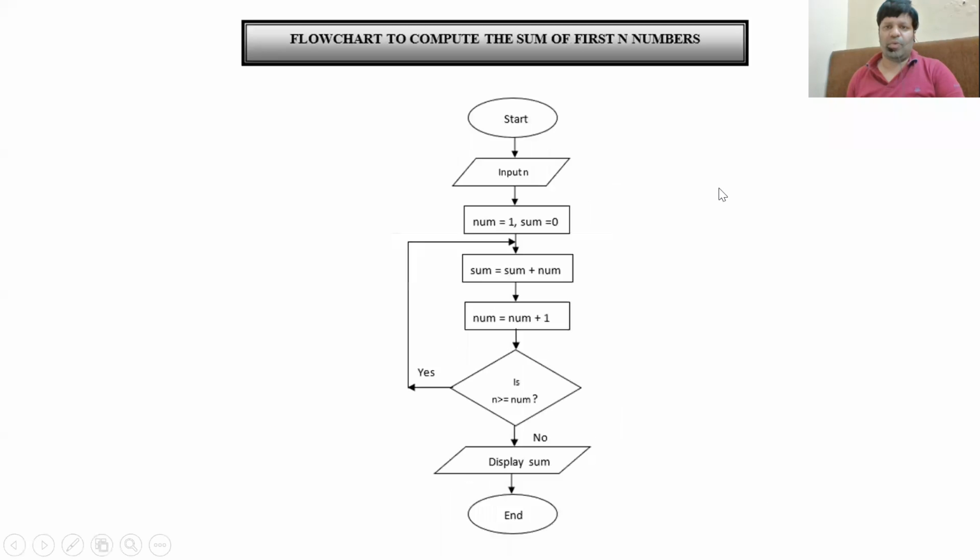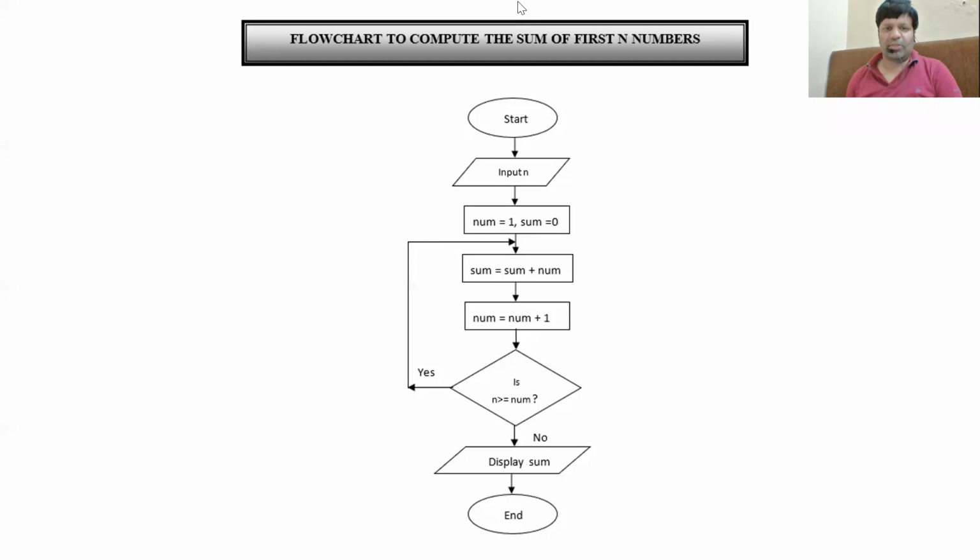So now we will look at the second example. The second example is to find the sum of first n numbers. For example, we want to find the sum of first 5 numbers. So again, we are going to start from the very first symbol, which is used to indicate the start of the flowchart.